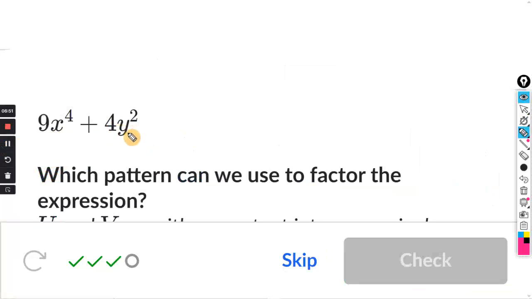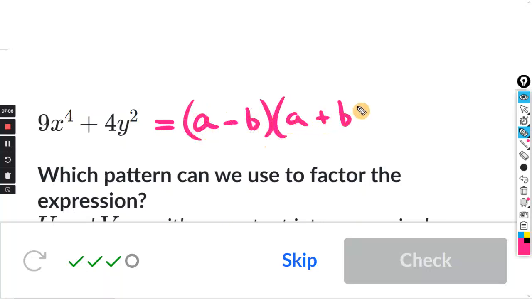All right, last one. Once again, there is no middle term. So we want to see if this can equal a minus b times a plus b. But remember, for this one here, this has to equal a squared minus b squared, because negative b times b is negative b squared.